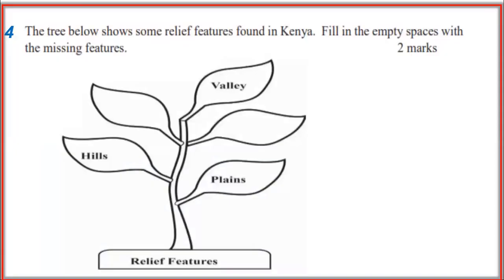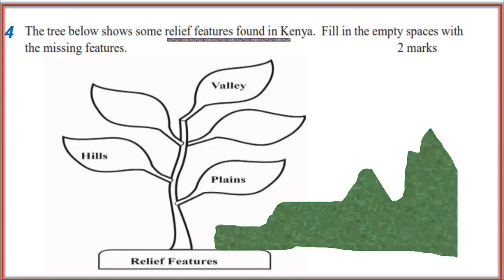Then we go to question number 4. Number 4 says, the tree below shows some relief features found in Kenya. Fill in the empty spaces with the missing features. Remember relief features, we have types of features, physical features. We have the relief and the drainage. Relief talks about rising and falling of land.